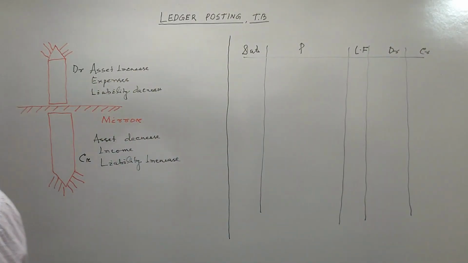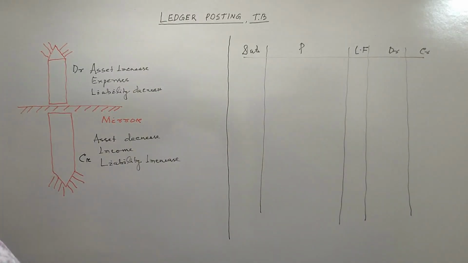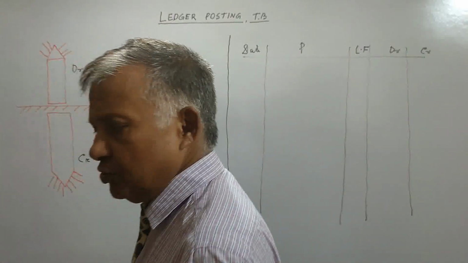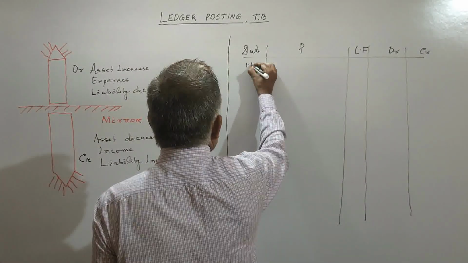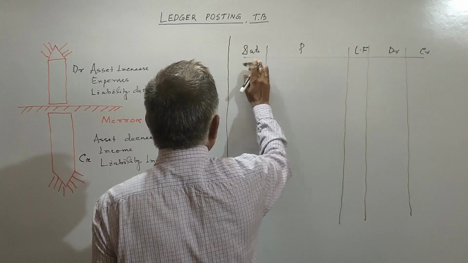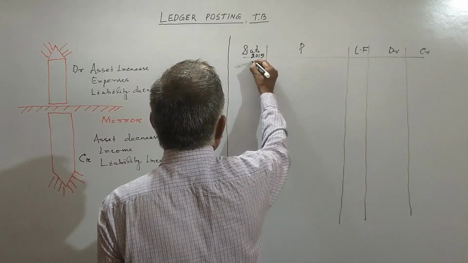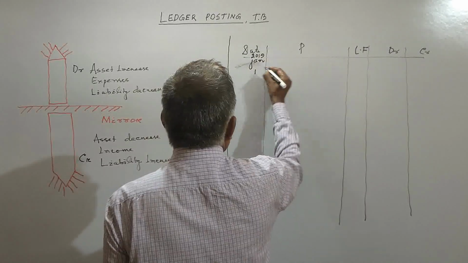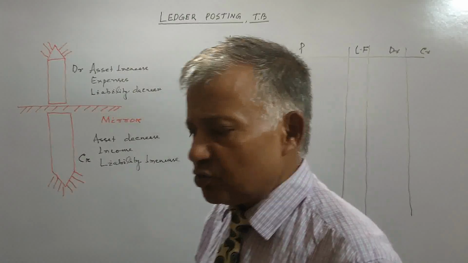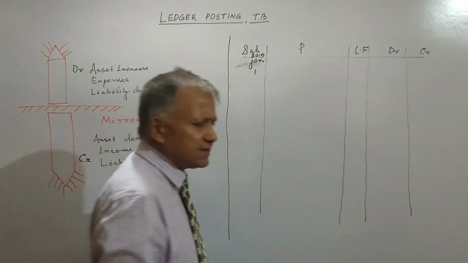You write all these things. So let us come to: Suresh started business with rupees 1 lakh. This is on 1/1/2019. This is January, so 1. Suresh started business with cash, rupees 1 lakh. So it is very simple.